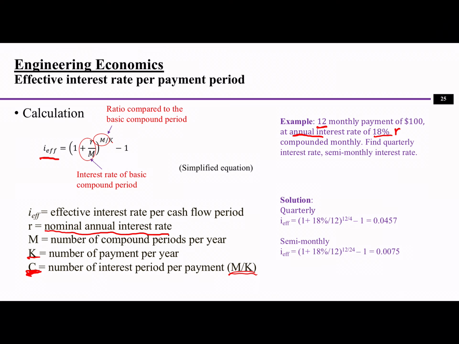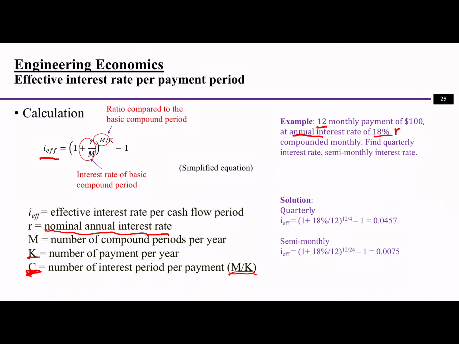It's compounded monthly, so m will be the number of months per year, 12.